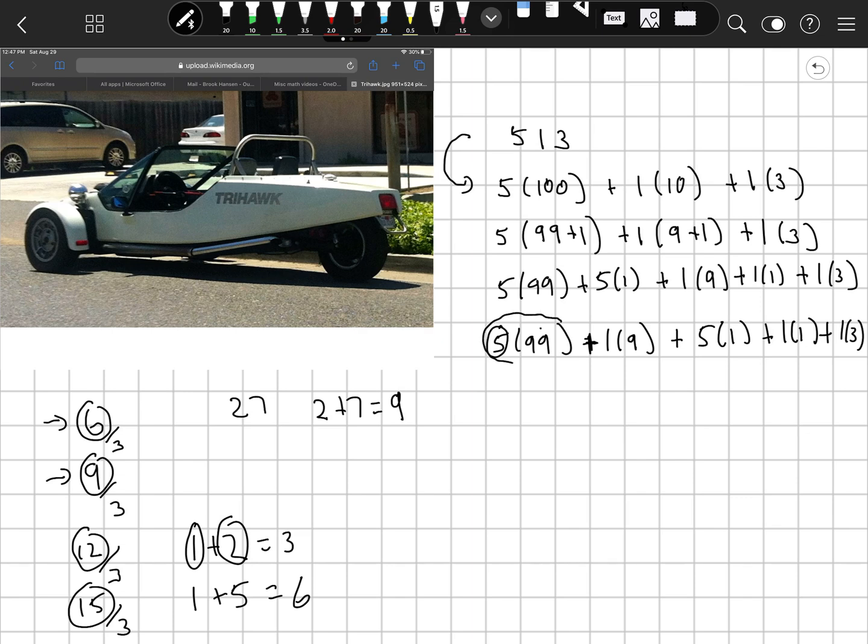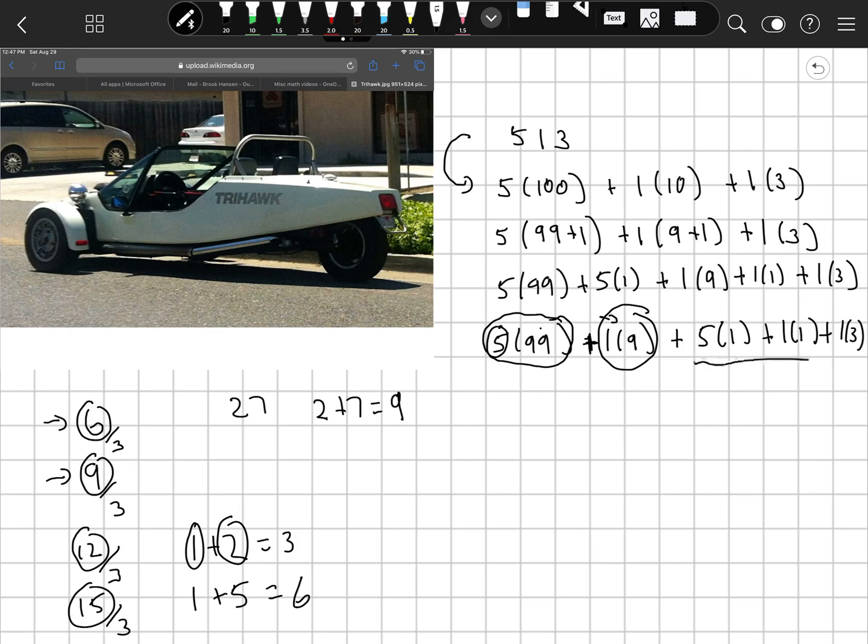So this number right here, 5 times 99, is divisible by 3. So we don't have to worry too much about that. Now the next question, is this one divisible by 3? Well, 9 is divisible by 3, and 1 times 9 is 9. So this one also will be divisible by 3, so we don't have to worry so much about that.